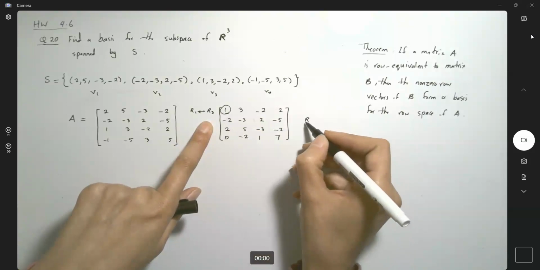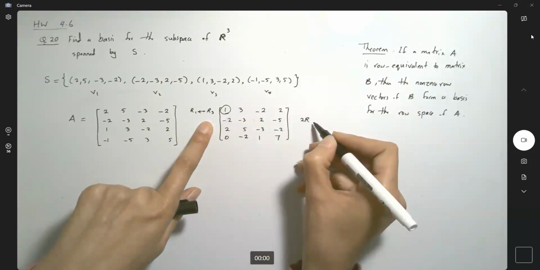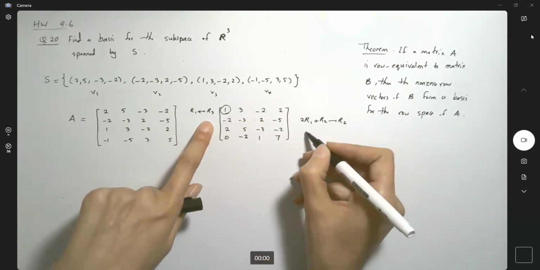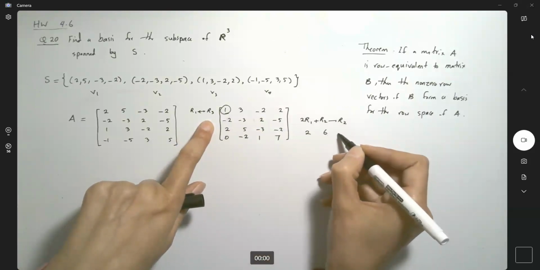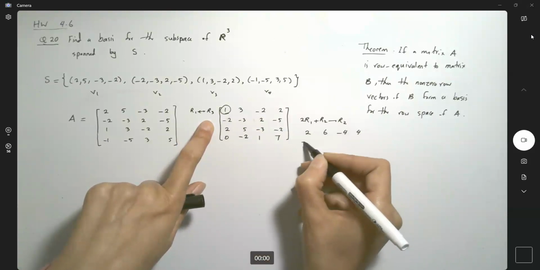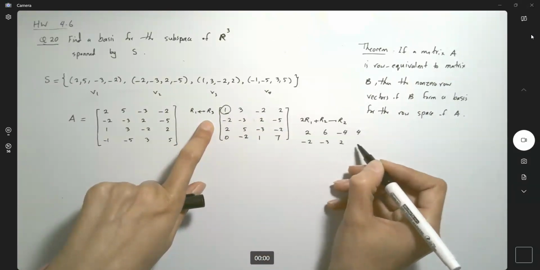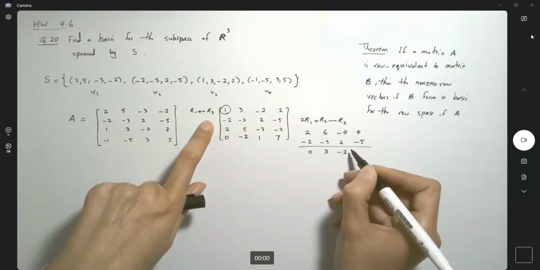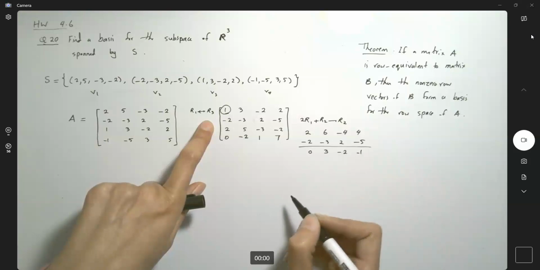So now let us multiply R1 by 2 and add it to the second row. This becomes your new second row. You have 2, 6, -4, and 4 added to -2, -3, 2, and -5, which is 0, 3, -2, and -1.